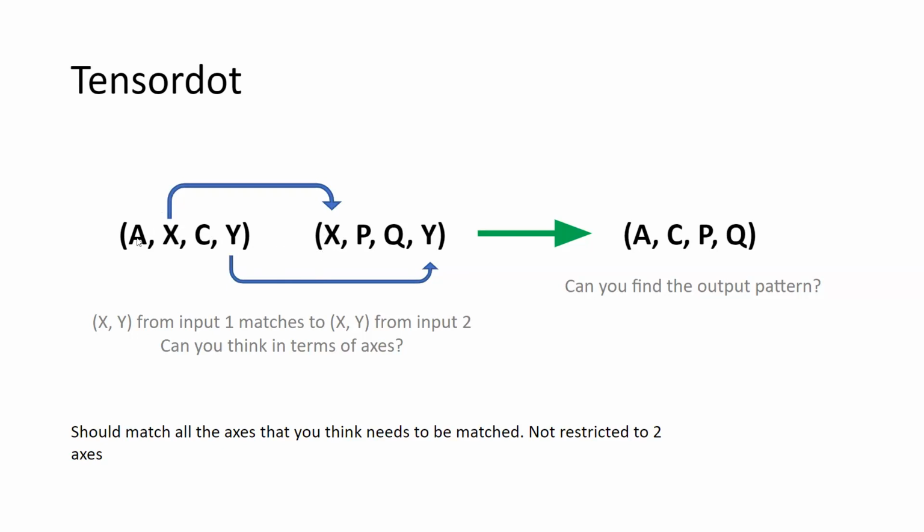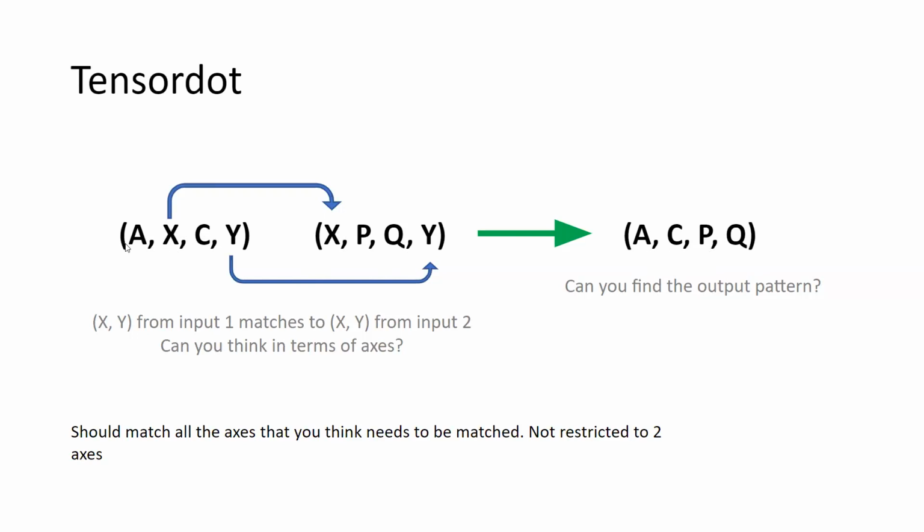And what would happen is, if you write the shapes like this, AXCY and XPQY, you can just eliminate the dimensions that are common. So you eliminate X here and Y here, and whatever remains from left to right, which is A, C, P, and Q, that's actually the output shape of the matrix that you will get. To repeat again, when you have two matrices and you are trying to do tensor dot, figure out the axes along which the dimensions are equal.